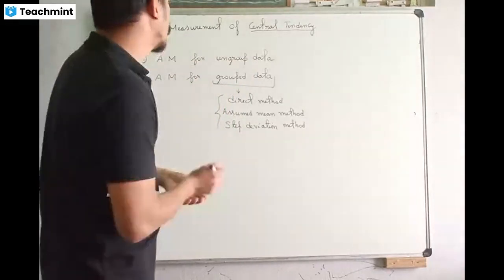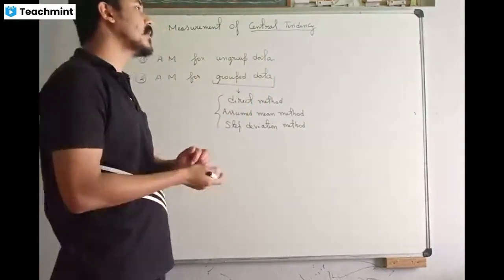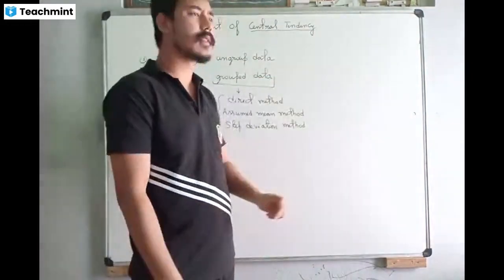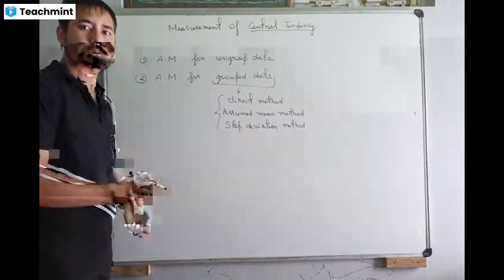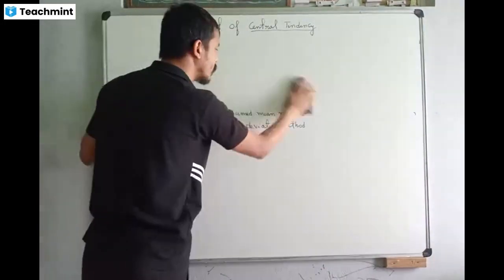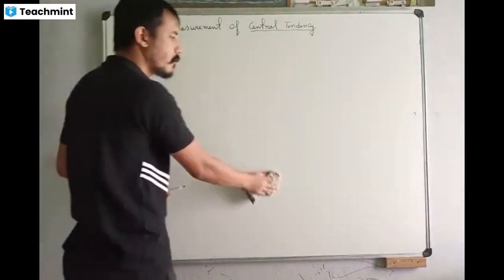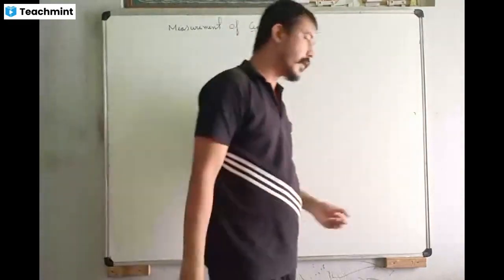So the arithmetic mean of any ungrouped data will be given by the sum of all the items in the series divided by the number of given items. If this is clear, then we shall work out some of the exercise questions, first for ungrouped data, and then for grouped data.